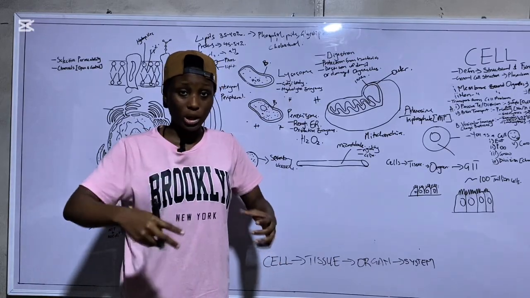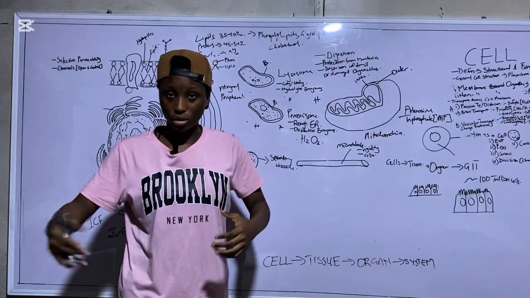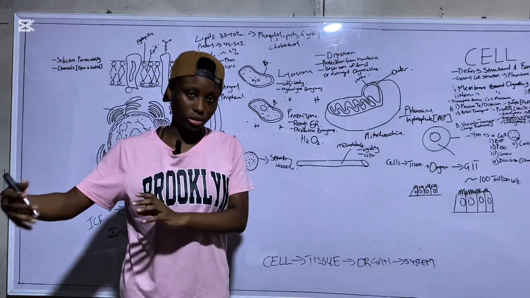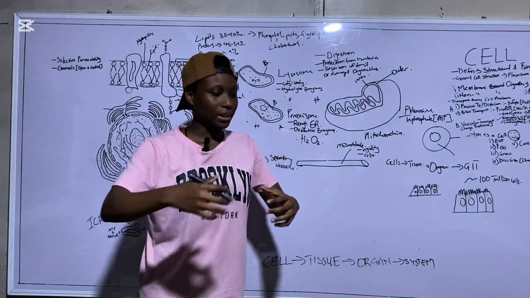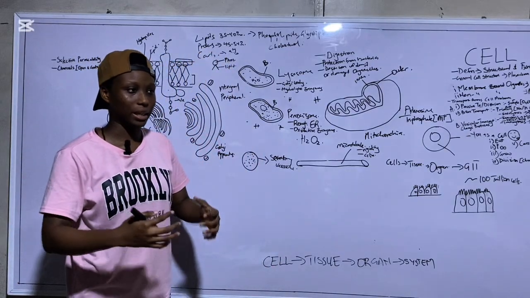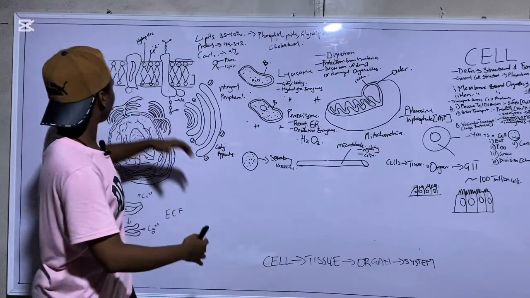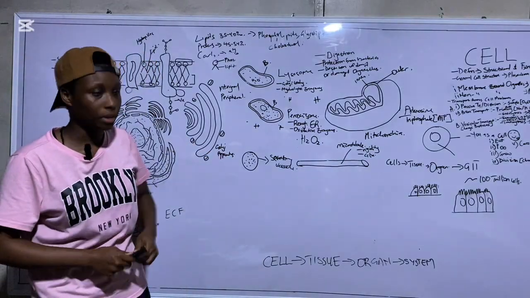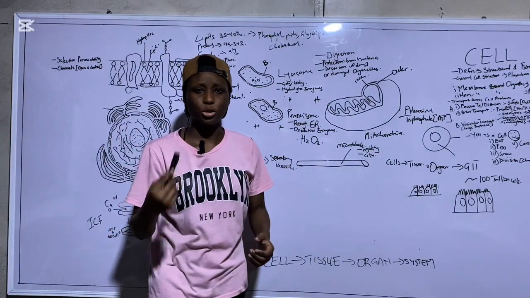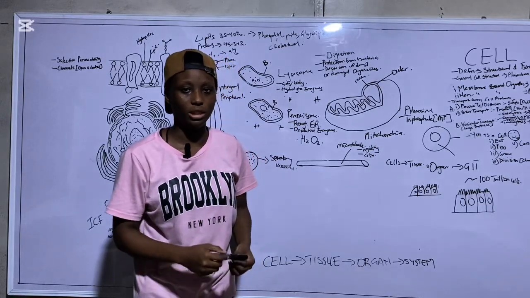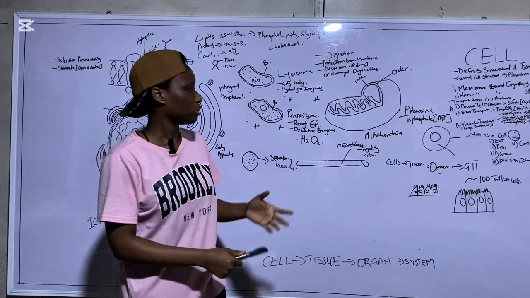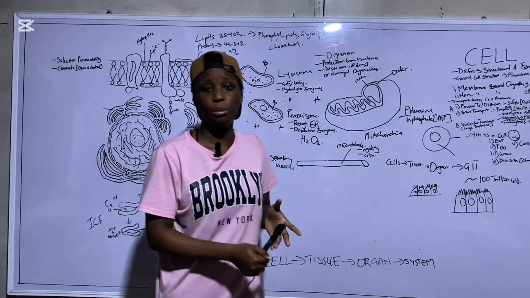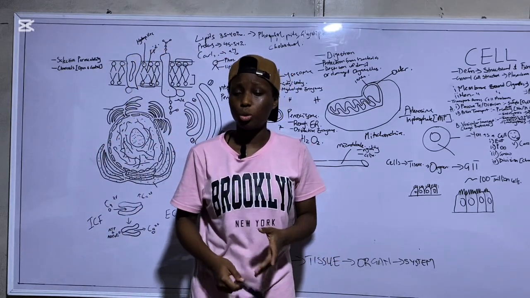Number two, it protects the cell from external forces. Number three, it is like a guard, a gate: selective permeability. There are some molecules, like I explained before, that cannot enter the cell directly through the phospholipid bilayer. They find their way through channels via the integral proteins or the peripheral proteins, or whatever way possible.